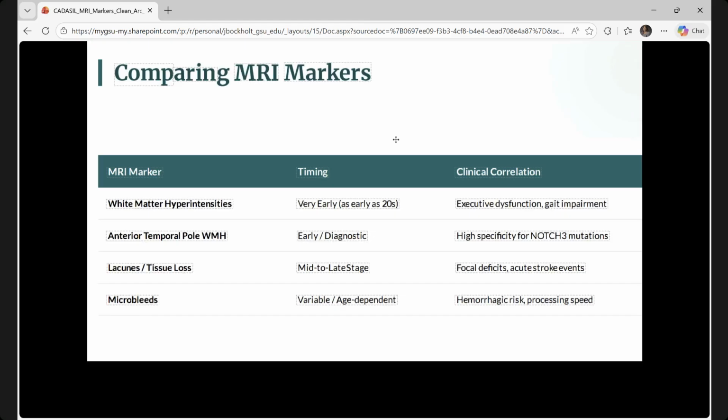So I want to make the case that each of these biomarkers on their own have different timing and rates of change, and all of that has to be factored in, tracked, and looked at longitudinally within the same sample, which is how our CADASIL consortium is designed.